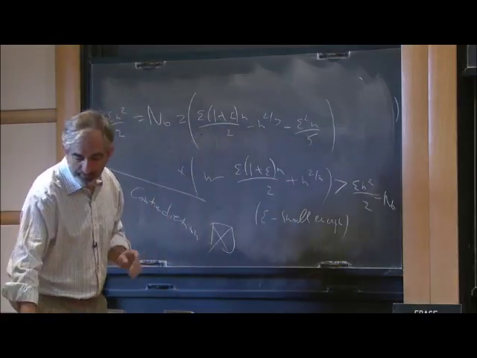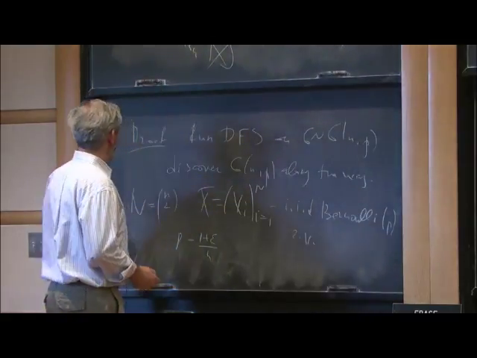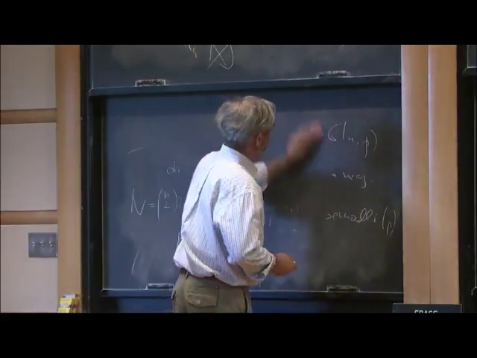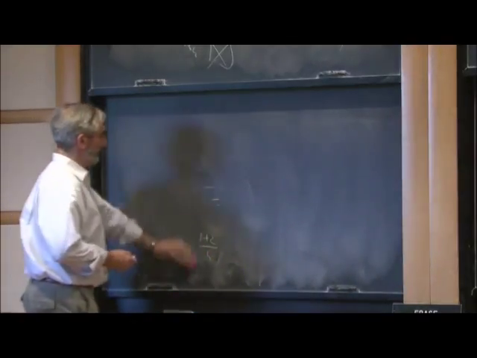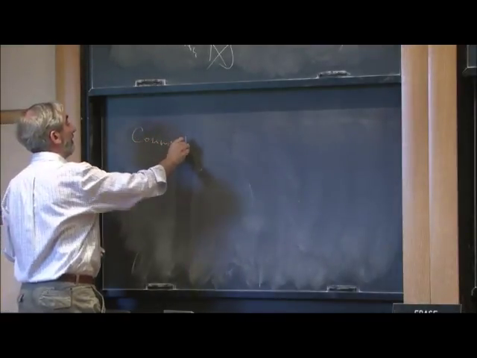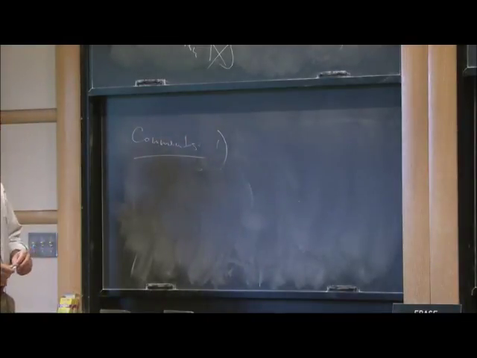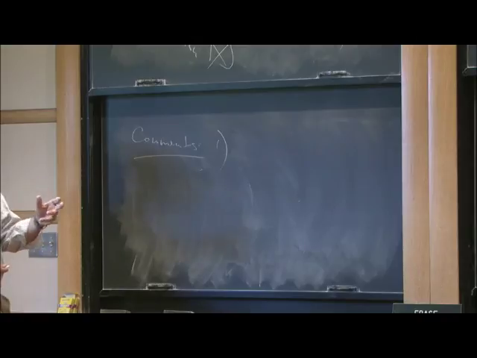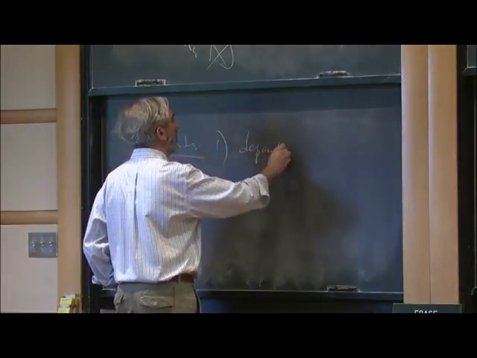Okay? So let me make some comments about this proof. The first one, so again, what did we get? We get a path whose length is linear, and the proportionality constant is proportional to epsilon squared, and the dependence on epsilon is indeed the optimal one.